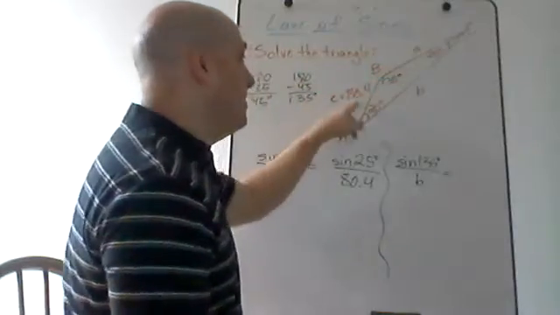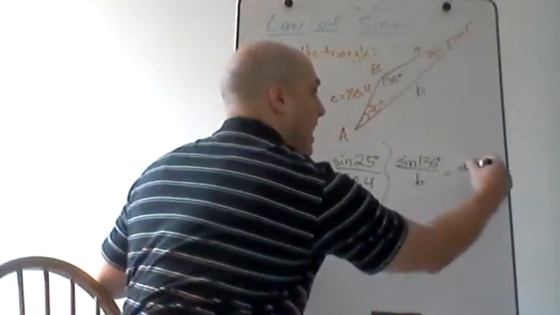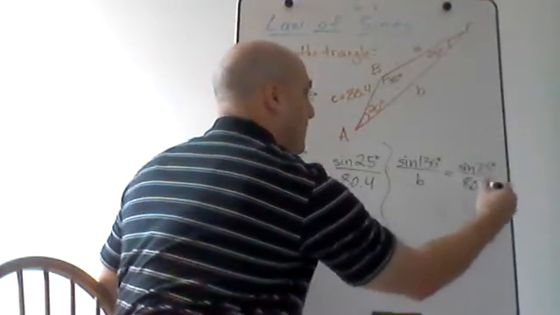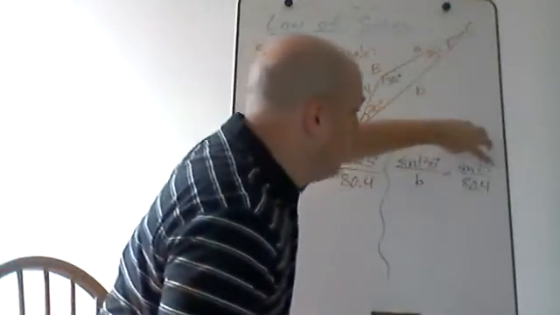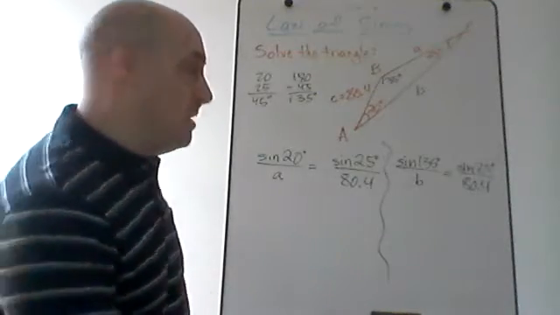And once again, I need to use the one that I know, which is C, so I do the sine of angle C, 25 degrees, over side C, which is 80.4. So that's what the law of sines tells us. It tells us that the sines of the angles are proportional to their opposite sides for all the angles and sides of a triangle.